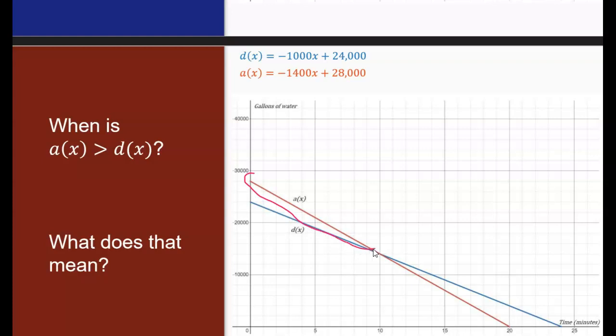A of x is greater than d of x in this region right here. If we wanted to say that was during a particular time, we could come down here to the x-axis and say, well, it's from 0 over to where they meet, which is 10. And everything in between. That's where a of x is larger than d of x.